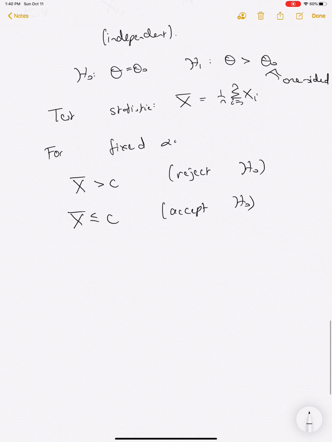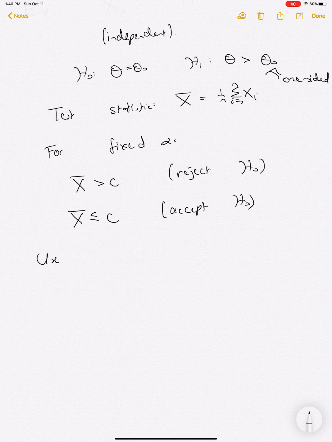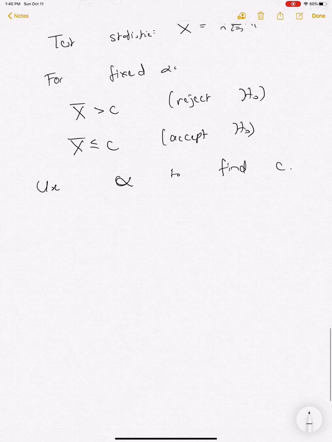Okay, and we use C to find alpha, or use alpha to find the critical threshold C. The question we're asking is: is this the best test?